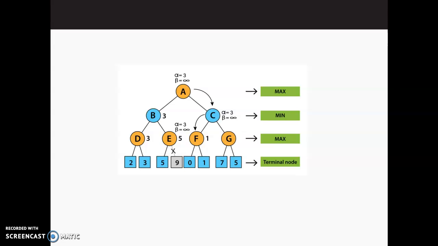So now at node A, the alpha value will be changed.